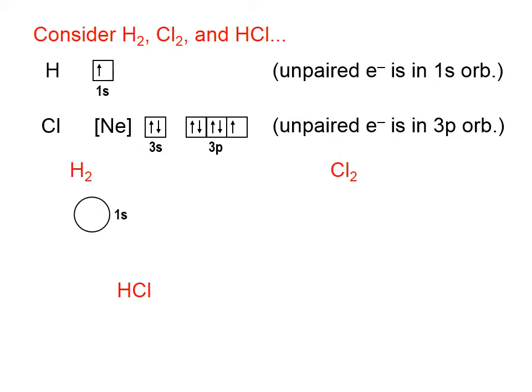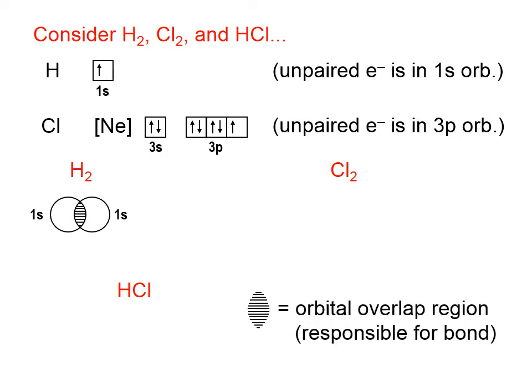There's a hydrogen atom there with a 1s orbital, and there's a single electron in it. And then another hydrogen atom has a 1s orbital with a single electron in it. And where those orbitals overlap, according to valence bond theory, that's responsible for the bond.